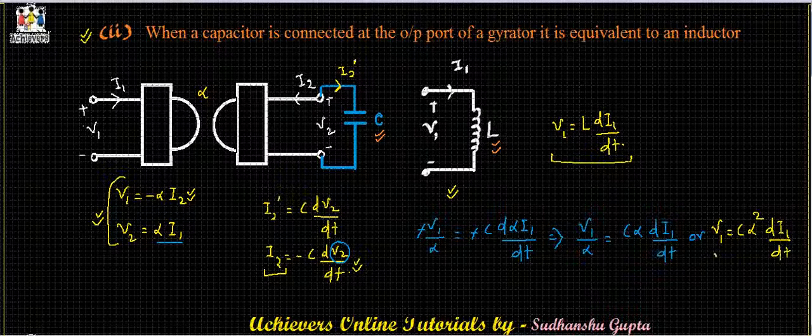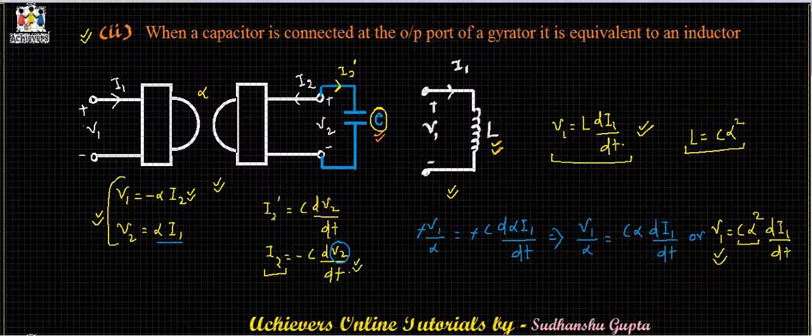Now we can see that this equation is exactly similar to this equation. So we can say that this circuit where a capacitor is connected at the output port of a gyrator can be reduced to an inductor L whose value is equal to C alpha square. L is equal to C alpha square.